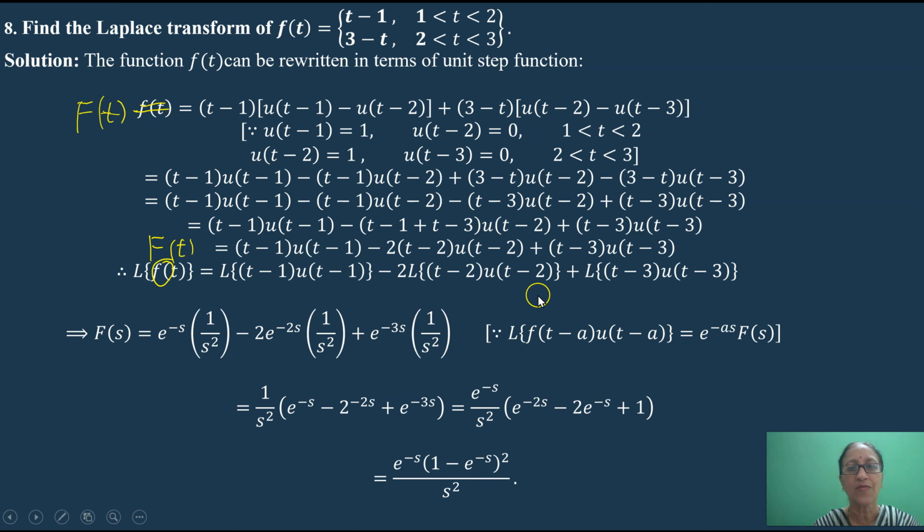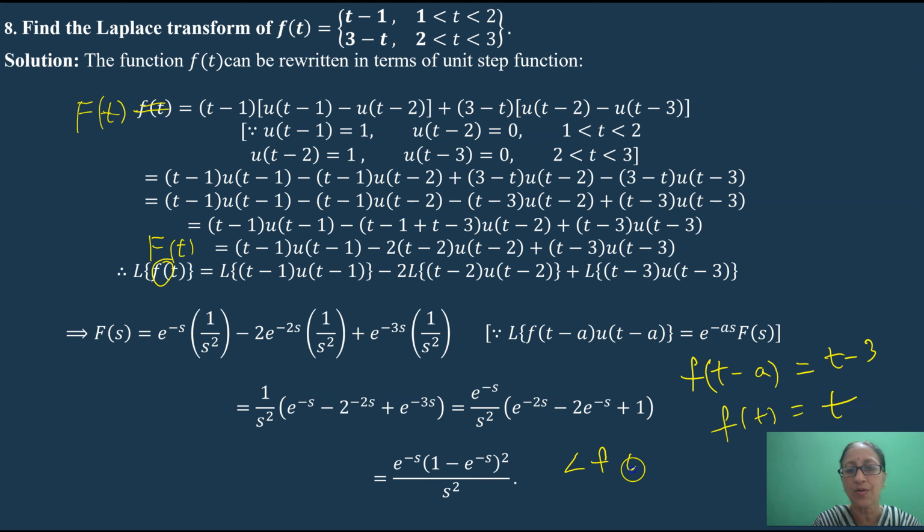Here f of (t minus a), it may be t minus 1, t minus 2 or t minus 3, so f of t will be t only. F of t equals t, then L of f of t, the Laplace transform of t, equals 1 upon s square. That's why we got 1 by s square in each bracket.